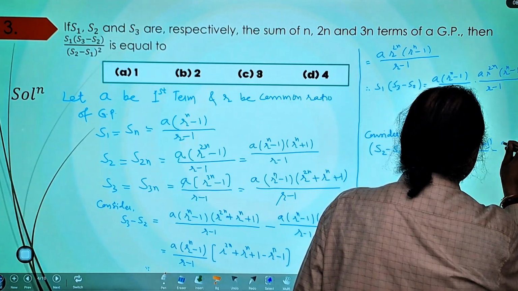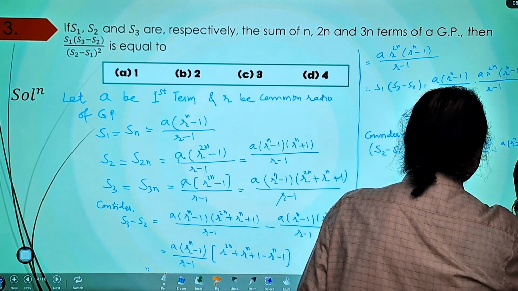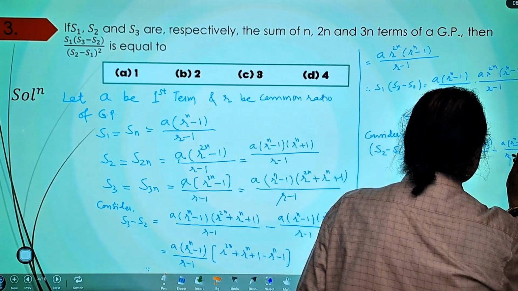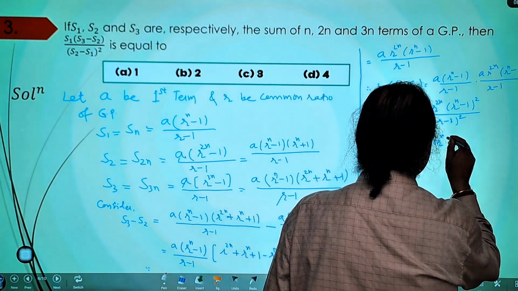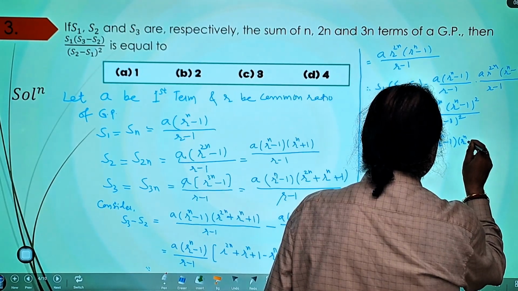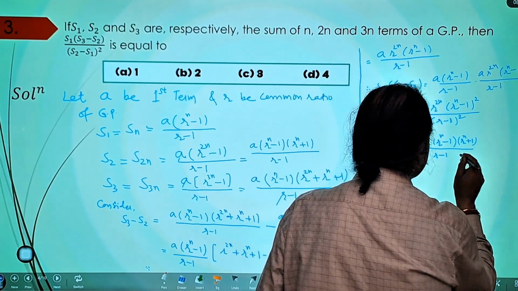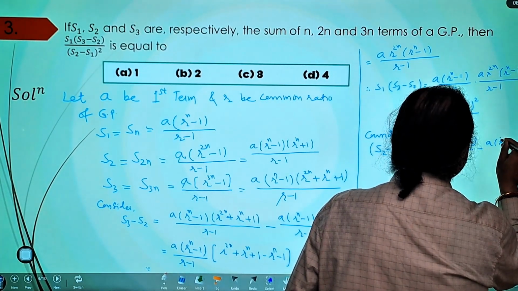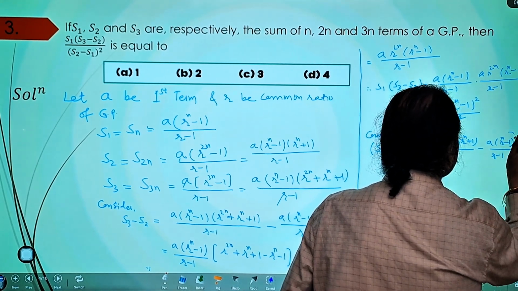Minus a into r raised to n minus 1 upon r minus 1, a into r raised to n minus 1 into r raised to n plus 1 upon r minus 1, minus a into r raised to n minus 1 upon r minus 1, the whole square.